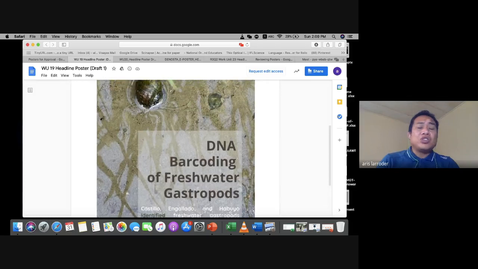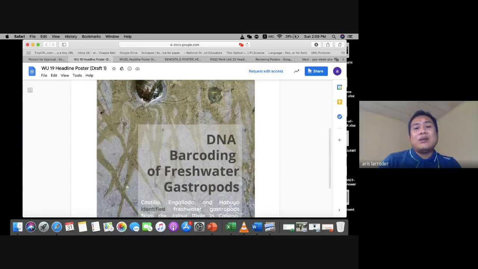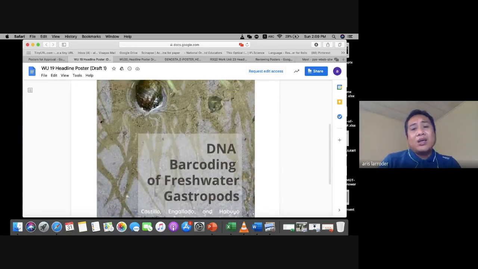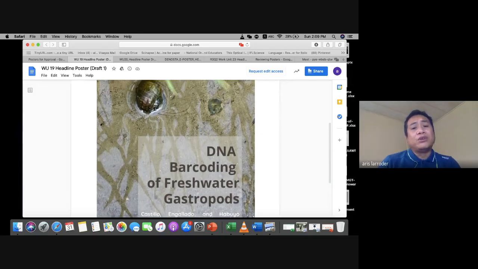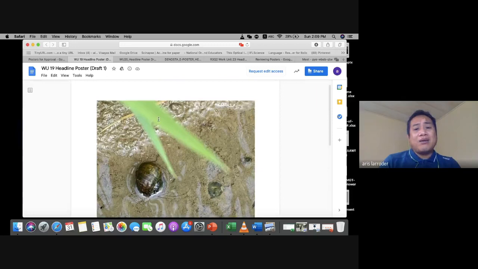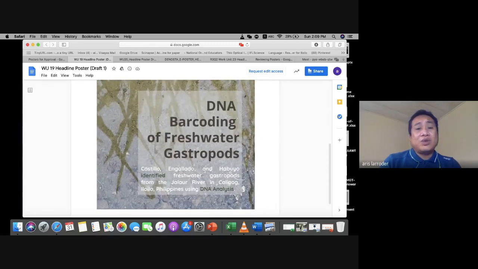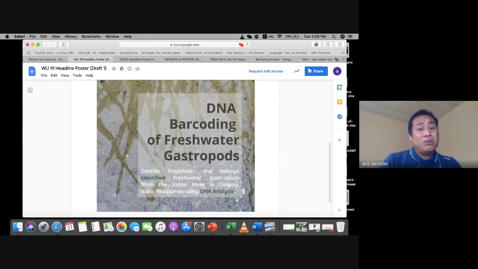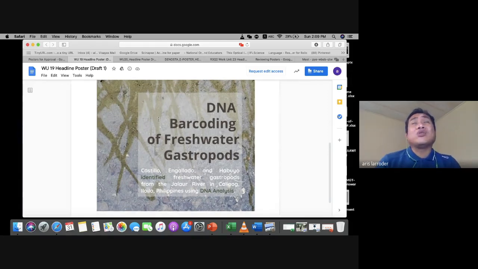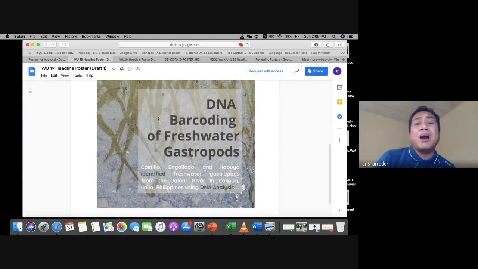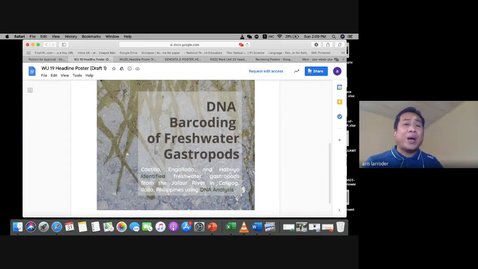I think I mentioned that rather than this very dry headline, you tell them if you found a new species of gastropod in the area. Or what is interesting or newsworthy about the barcodes of these gastropods?